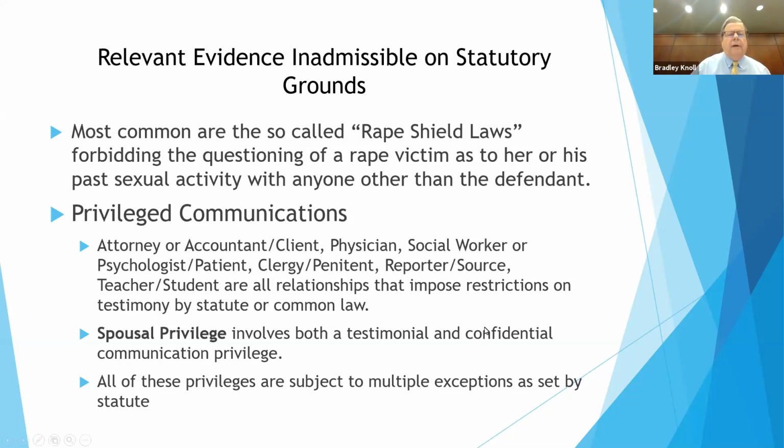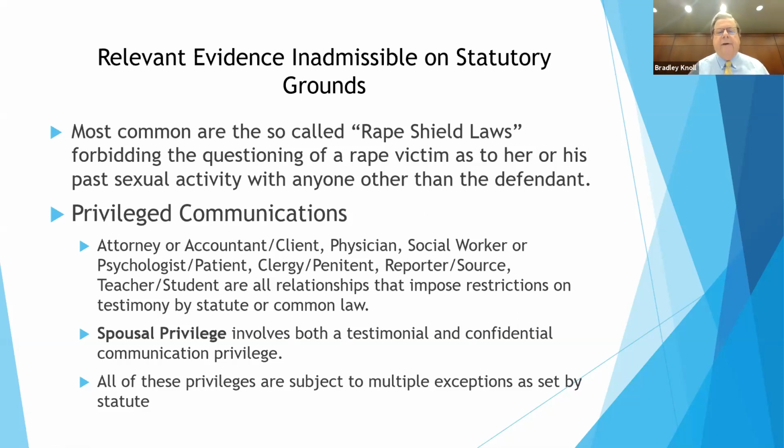There's also the spousal privilege. That is, generally speaking, one spouse cannot be compelled to testify as to statements that the other spouse made to them, except in certain circumstances.